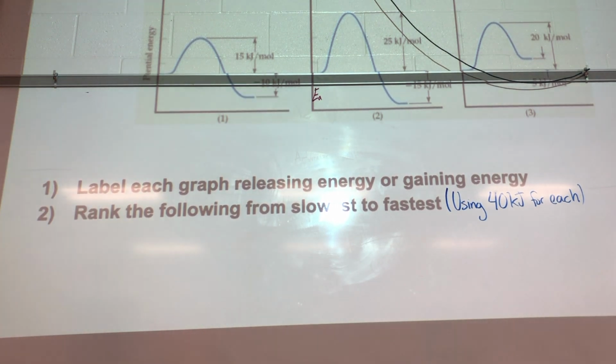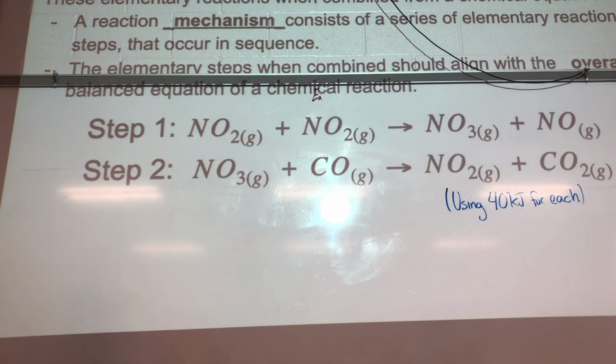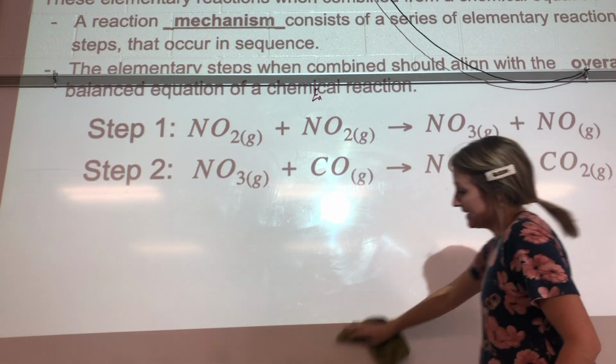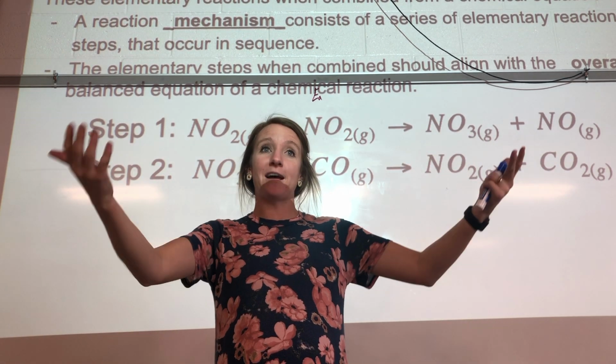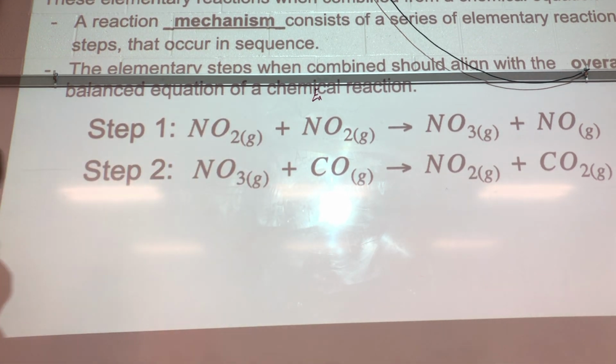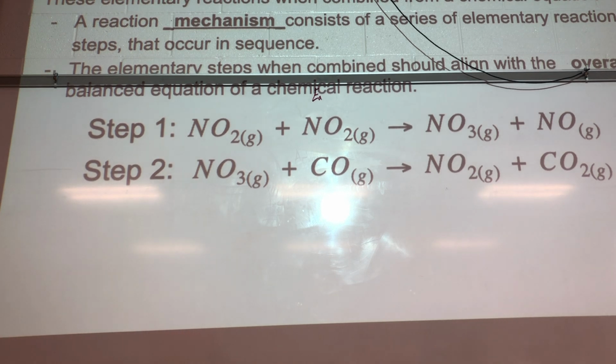Okay, all right, last thing for today, and then we're done. What about things that are not elementary? When a process is not elementary, what that means is it takes multiple collisions for it to actually happen. These multi-step reactions can be written out as a mechanism. The mechanism shows you the process by which it's happening.